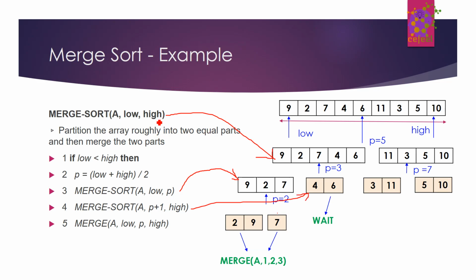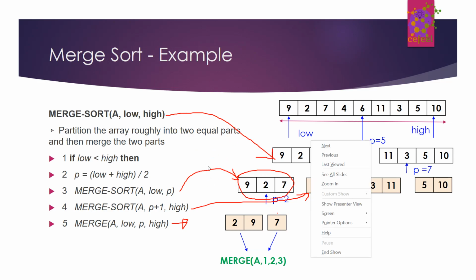So this merge has yet to be returned. Only once this merge returns, then we can do the merge over here, over the final two partitions. So that is why I have written here wait, which means we will get to it in the next step.